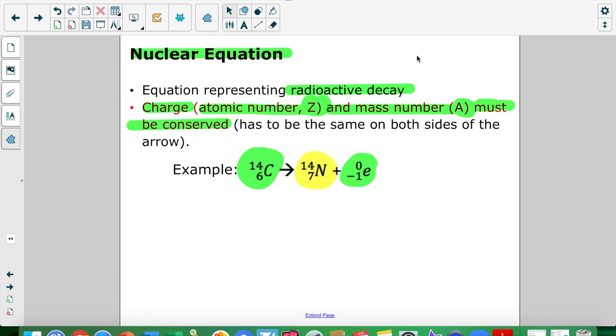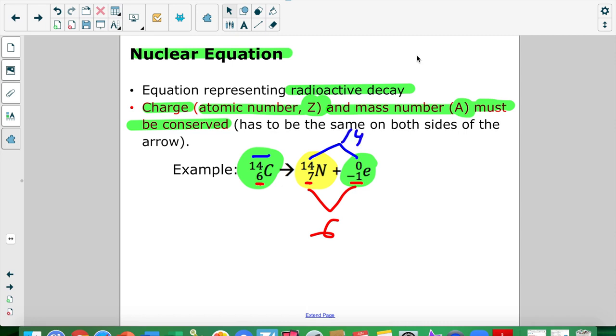Okay, so this conservation of the atomic number and the mass number means that if the atomic number of the carbon originally was 6, the addition of this atomic number and this atomic number should be 6 as well. So it's conserved. And if the initial mass number was 14, the addition of the mass numbers of the particle and the transmutated new isotope altogether should be 14 as well.